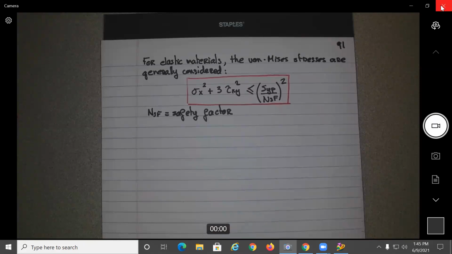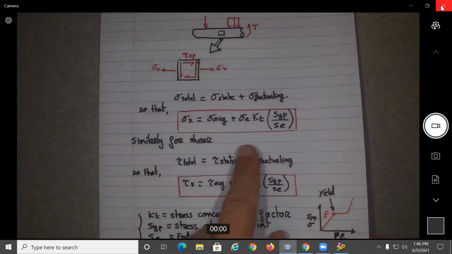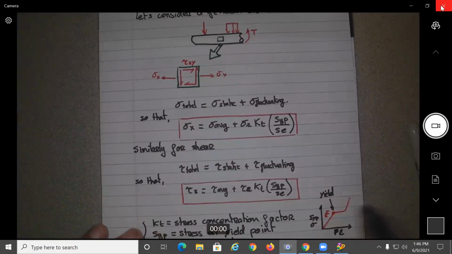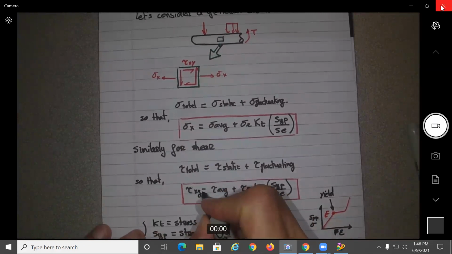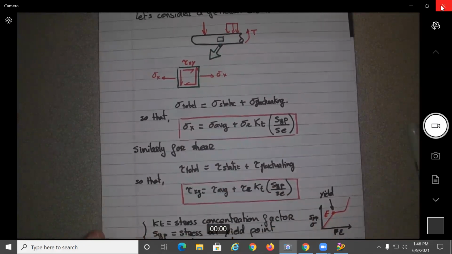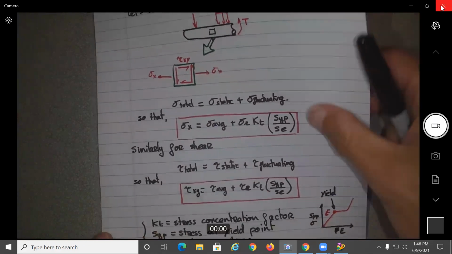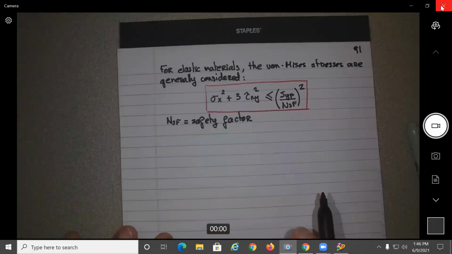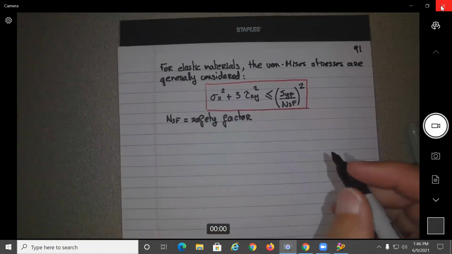All right, so now what I'm going to do is rewrite this expression here, like we did over here. I'm going to substitute each one of these values. This is not tau x, this is tau xy. This is shear. So I'm just substituting those values into the above equation.